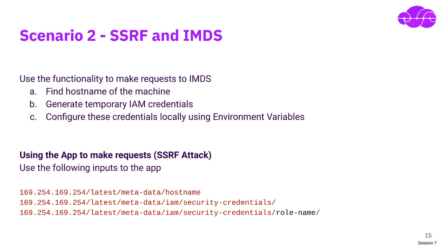Actually, IMDS v2 is optional, and IMDS v1 is what the system is using right now. Just because it is IMDS v1 does not mean that you can't do IMDS v2. When IMDS v2 is enabled, you can't do IMDS v1. But when IMDS v1 is enabled, you can do both IMDS v1 and v2. So you can make the same request using a token also.